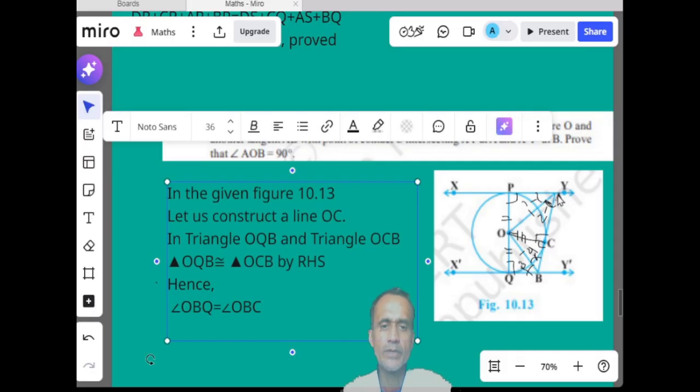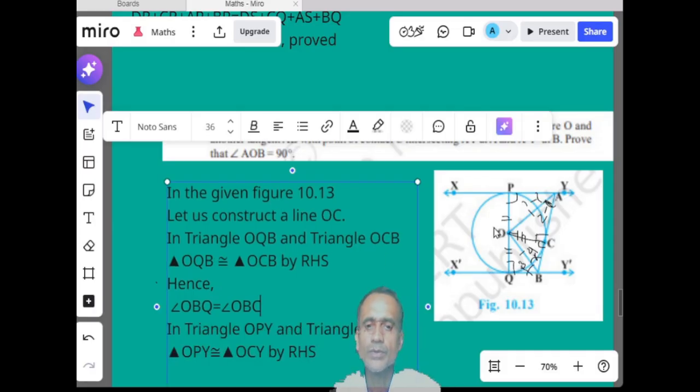Similarly, we will prove for these two triangles OPA and OCA. These two triangles are congruent by right angle, hypotenuse and side. So angle PAO is equal to angle CAO.